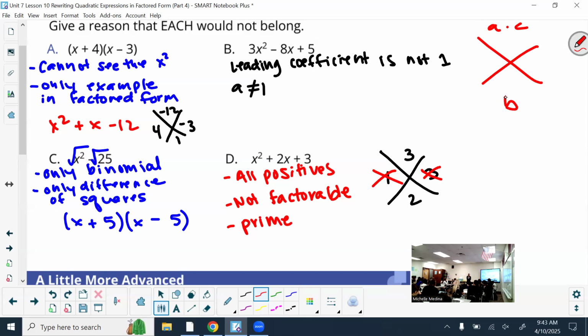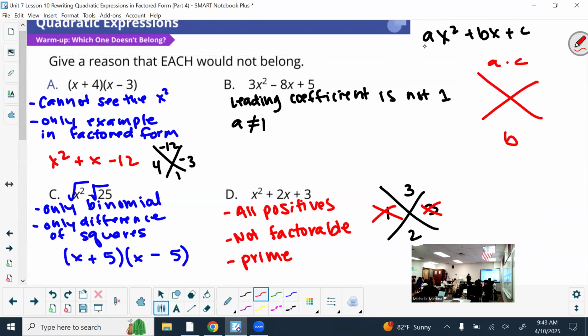Table 5, what would be my A times C for this one? Well, that's just my C. What about times it by A? Here's my standard form for reference.